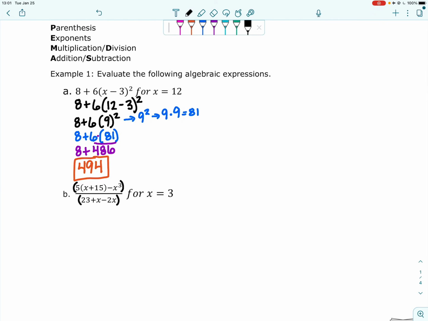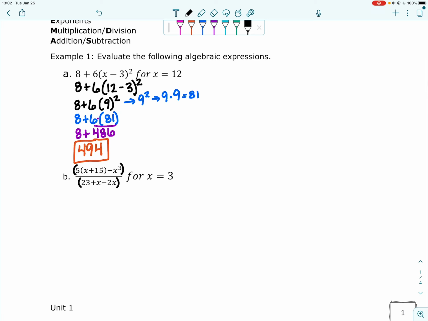So the first thing I need to do is wherever I see an x, I'm going to replace it with a 3 because it says x equals 3. So I'm going to open this big parenthesis that I drew in, and then I have 5 times 3 plus 15, close that first parenthesis, minus 3 to the third power.